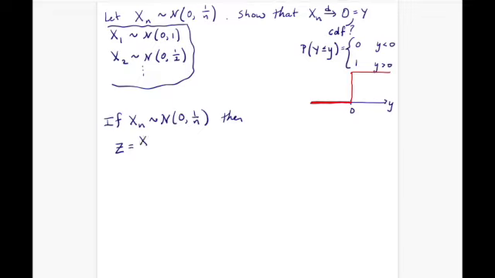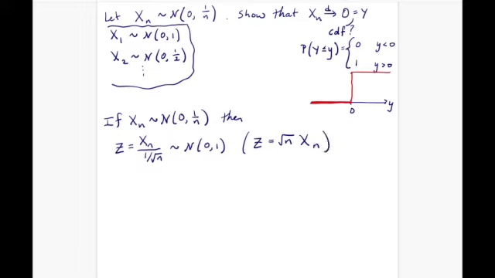We take any member of the sequence xn, we subtract off the mean, which is 0 in this case, so we won't have to write anything. And then we divide by the standard deviation, and that will give us a normal 0, 1. Another way to write this is that z is just equal to the square root of n times xn.